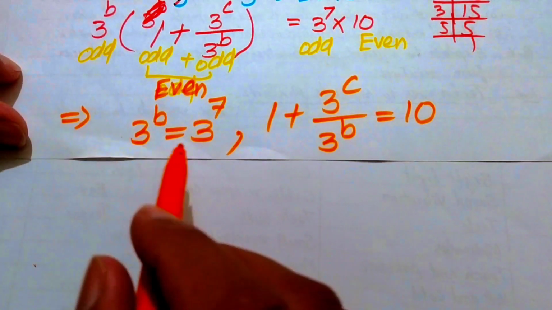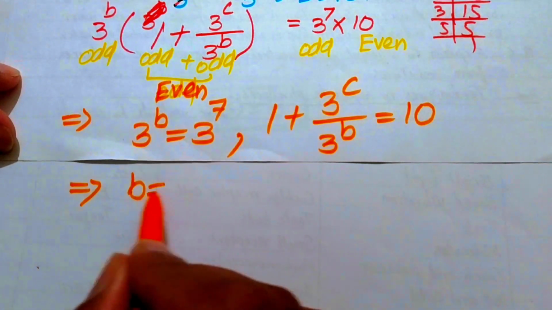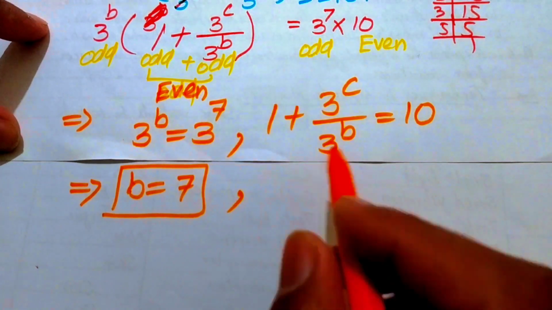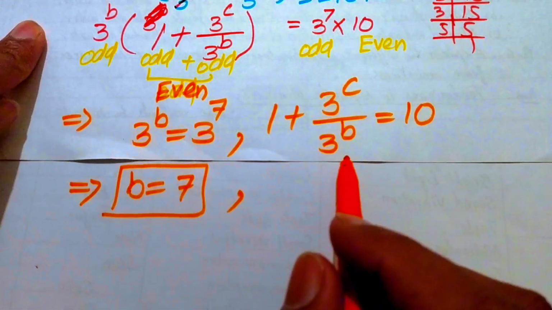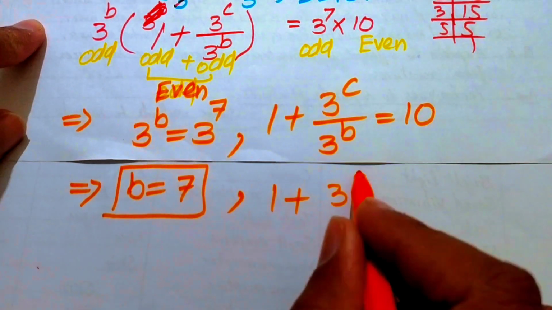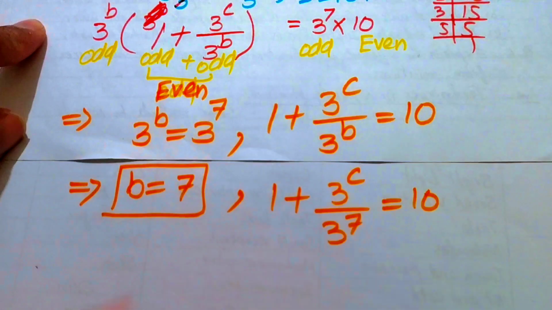So here we compare both of the sides and you see that bases are the same, so that its powers are equal, and we get b equals 7. And in this case we put the value of b equals 7 here. Then you get 1 plus 3 to the power of c over 3 to the power of 7 equals 10.